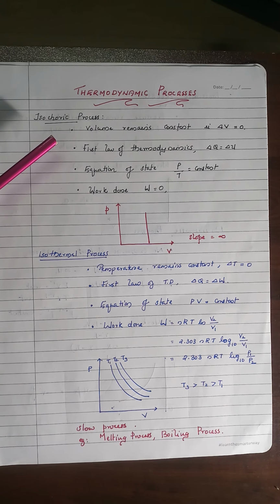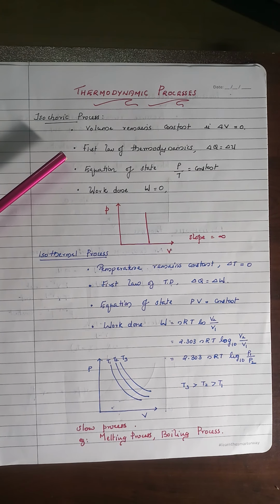At first, the isochoric process. The volume remains constant, so delta V, the change in volume, becomes 0. If you put it in delta Q is equal to delta U plus delta W, the work done becomes 0, because delta V becomes 0.